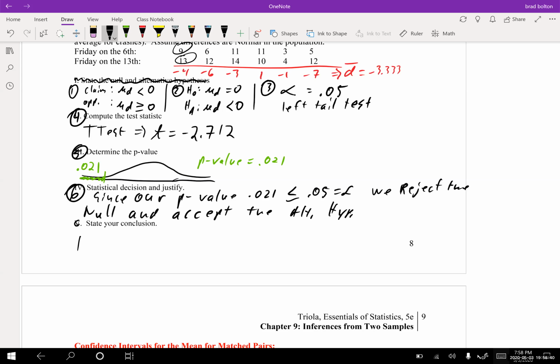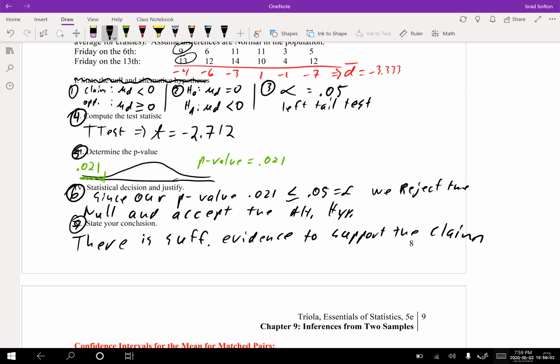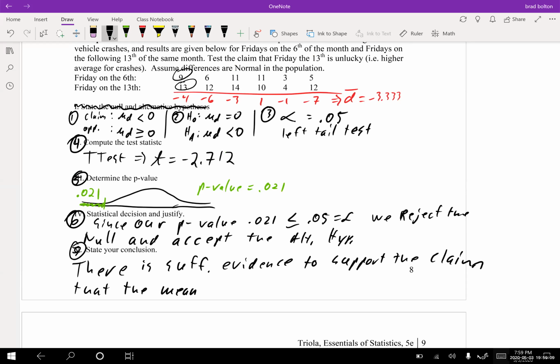So we say there is sufficient, or we could also say, again, you don't have to get fancy, there is enough evidence, there is sufficient evidence to support the claim that the mean difference in accidents is greater.